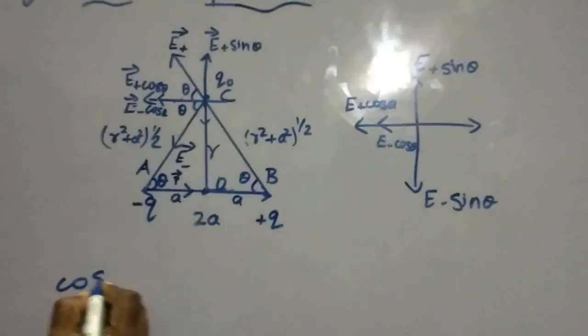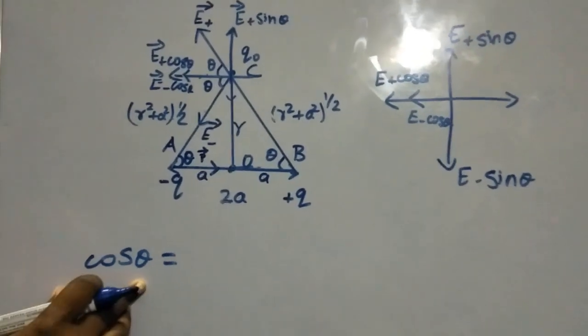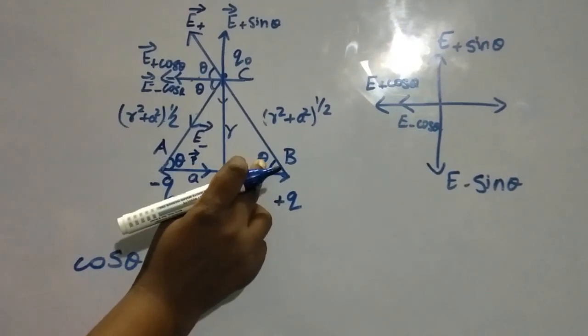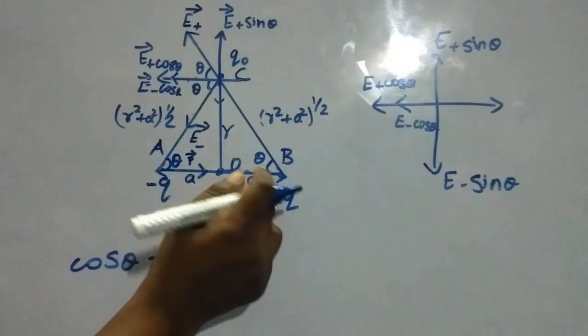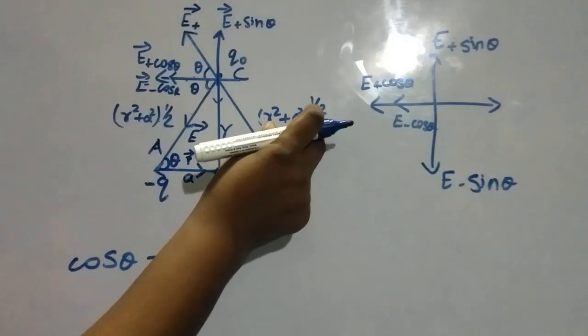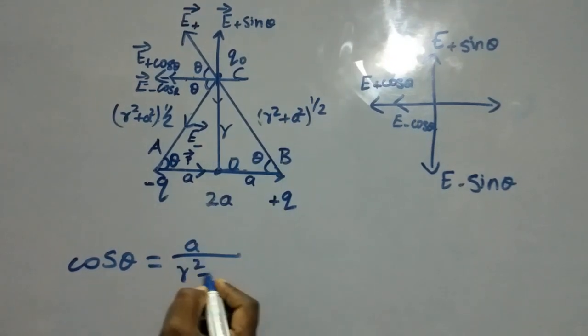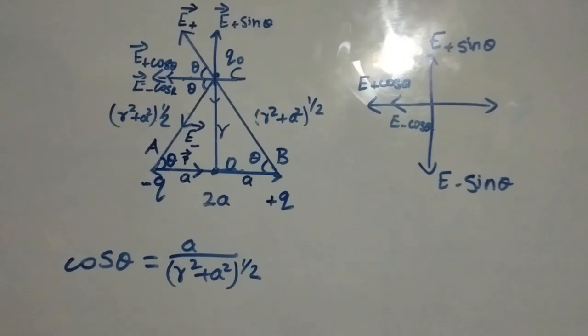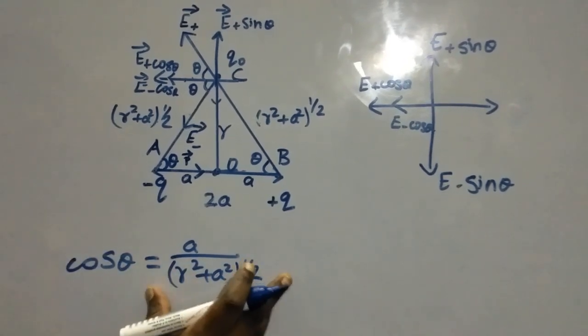Cos theta equal to, the formula for cos theta is adjacent side by hypotenuse. Here this angle is theta, so the adjacent side is a and the hypotenuse is this one, that is (r square plus a square) power 1 by 2. Now instead of this cos theta we are going to substitute this value.